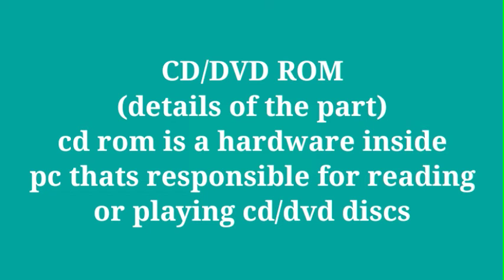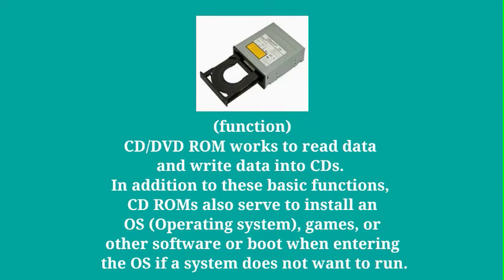Number 4. CD or DVD-ROM. Details of the part: a CD-ROM is hardware inside the PC that is responsible for reading or playing CD or DVD discs. Function. A CD or DVD-ROM works to read data and write data onto CDs.